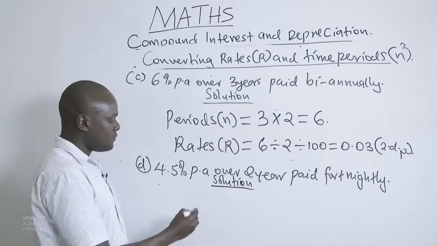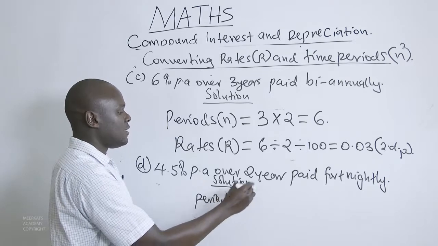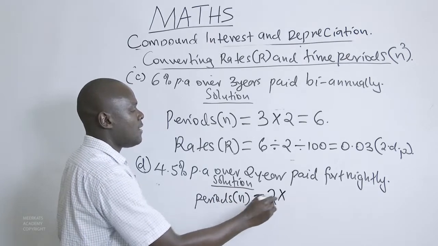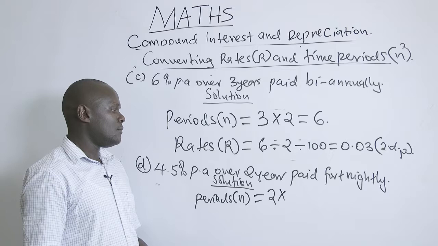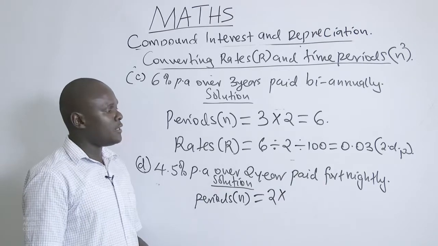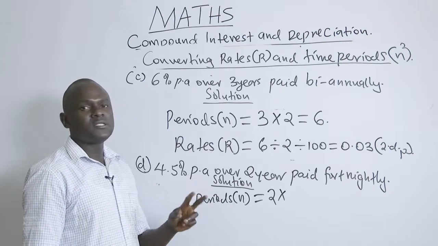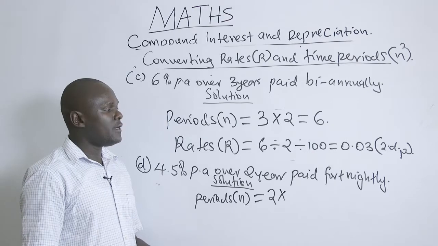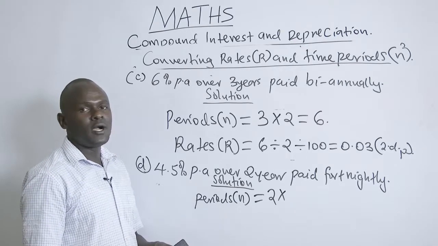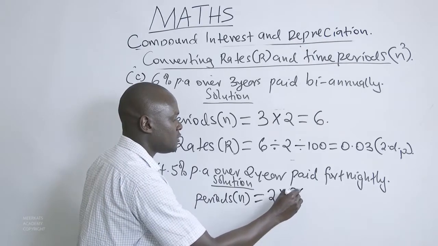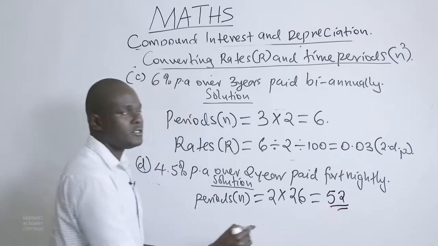As we have done in other examples, the periods N will be determined by the number of years, and the fortnights that we have in a year. Remember, fortnight means 2 weeks. And if we divide a year by 2, a year has 52 weeks, then we are going to have 26 fortnights, and this will give us 52 periods.